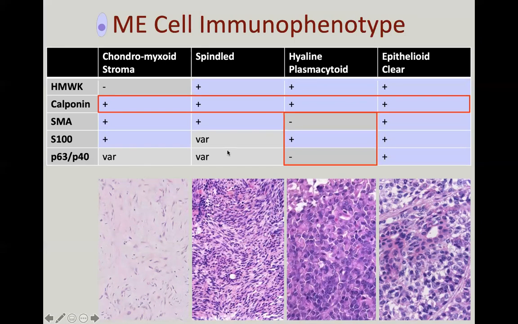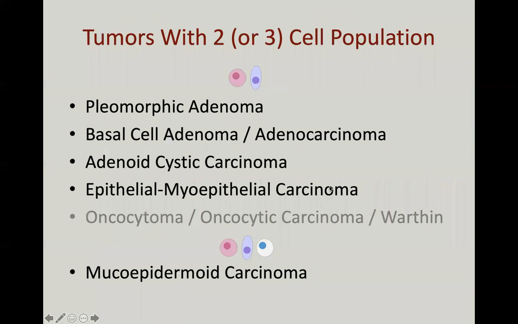Okay, the hyaline plasmacytoid cells are diffusely and strongly positive for S100, but essentially negative for SMA and P63, just FYI.